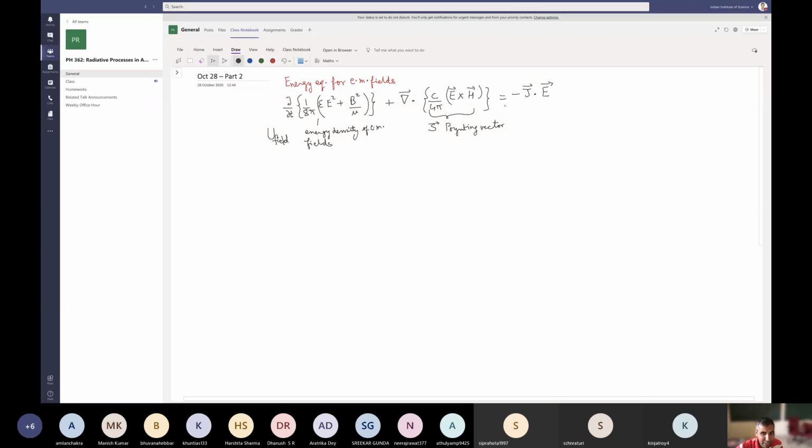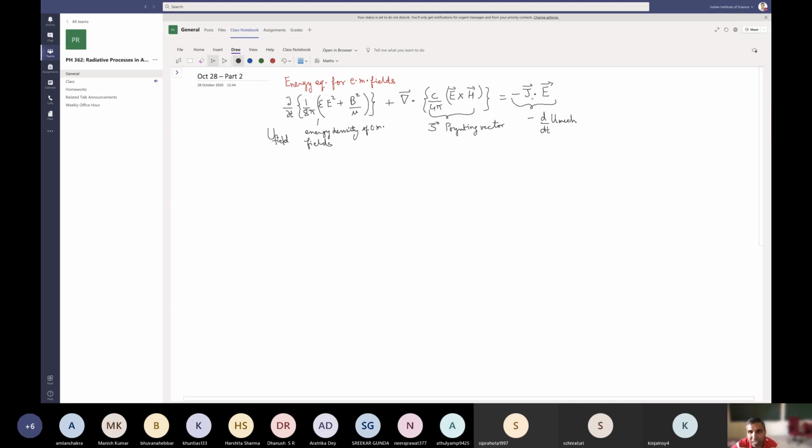So again, the integral forms are very, very powerful. I'll actually talk about them. And if you recall, this guy was nothing but minus d/dt of U mech, right? So this is the rate of work done.